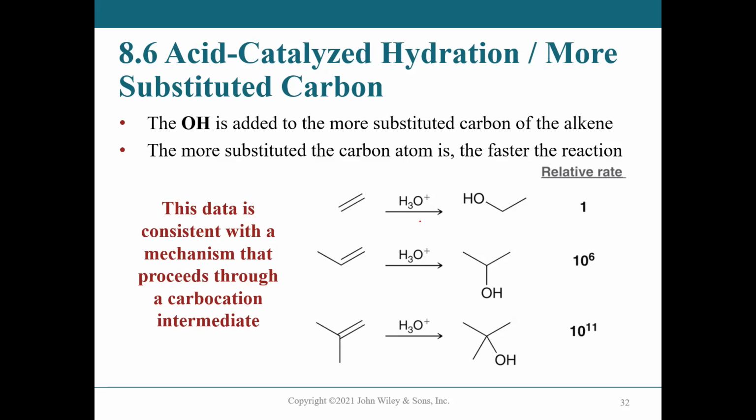So here you go, and we can see that the relative rate is faster too. That's because we can form a more stable carbocation intermediate. Here we'd form a primary versus secondary versus a tertiary, so this all follows the same order.